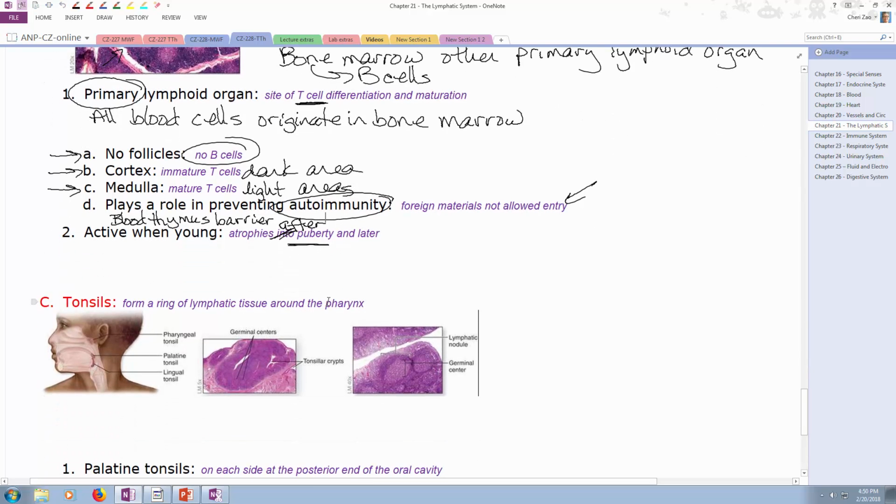And this is interesting, it just turns into fibrous CT and fat after puberty. We do have some thymic function as we age, but it declines significantly.